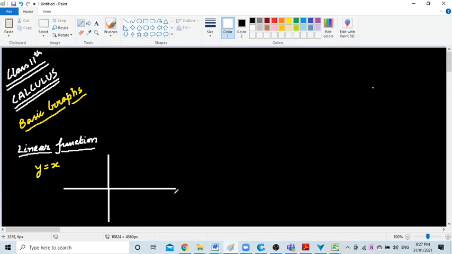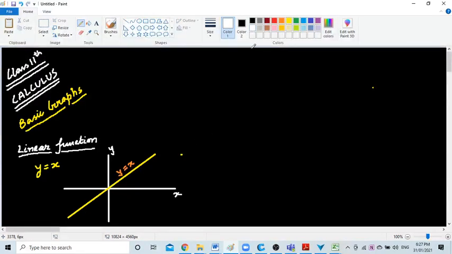Alright, and our graph will pass like this. This is the graph for the linear function, and you can clearly mention over here that this is y equals x. Alright, this will be a straight line like this.